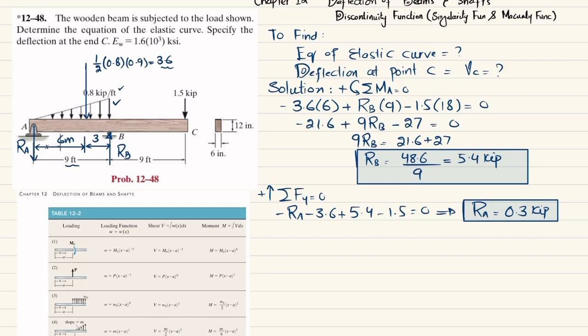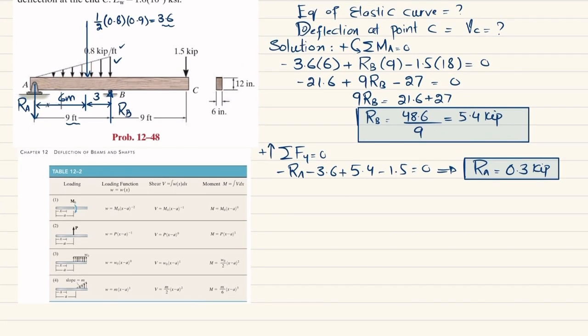Now you can see we are interested to find out equation of elastic curve that can be obtained by using this formula. EI into d square V over dx square is equal to moment, and this moment can be obtained by using Macaulay's method.